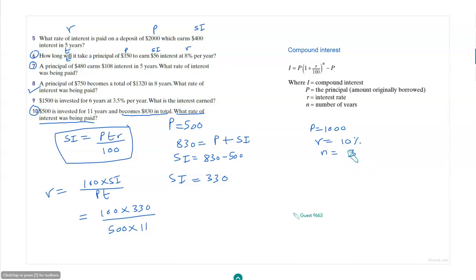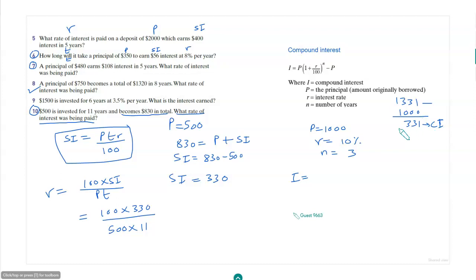So what was the interest that we calculated? 1331 was the total amount, right? So that minus your principal, 331, will be your compound interest.